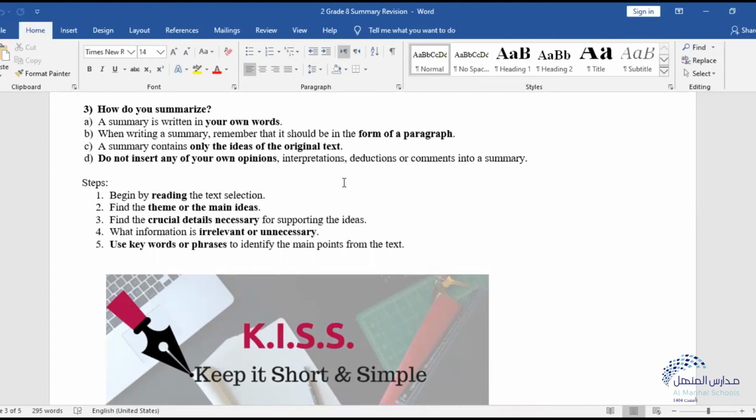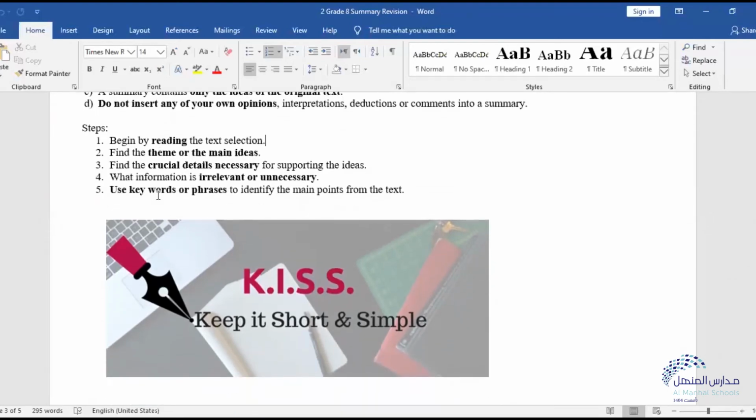Because you are not summarizing your own work. That would be a completely different skill. You are condensing and summarizing another person's work. So you don't put in any of your opinions or interpretations or comments or deductions. In other words, what you think the outcome should be.